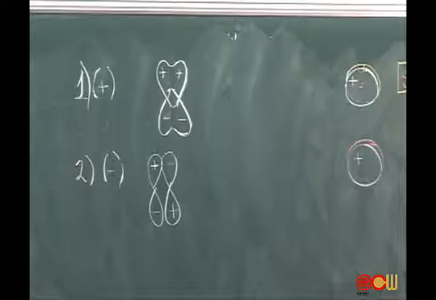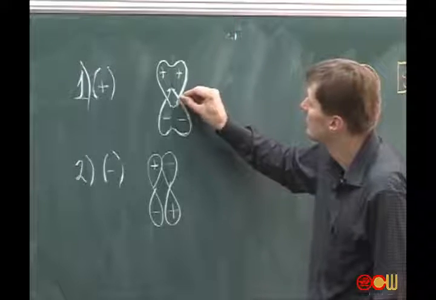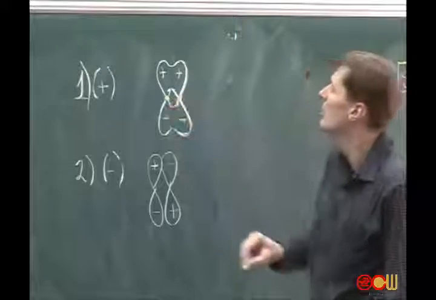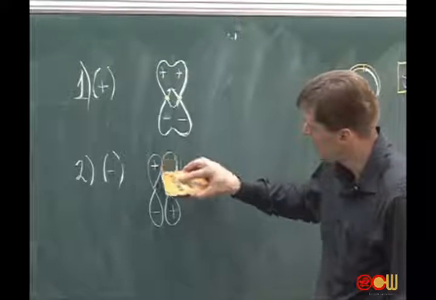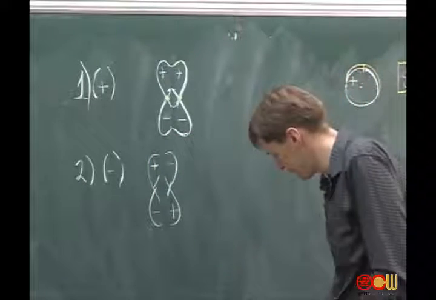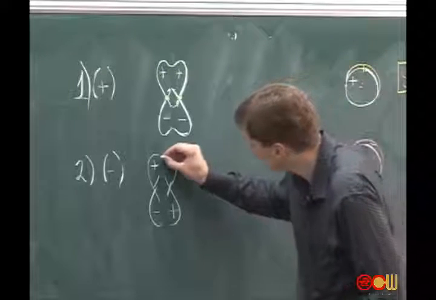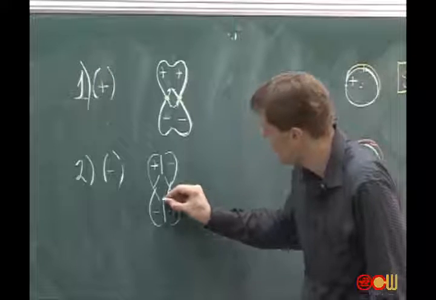Making such a shape with the nuclei located here. And in this case, the plus and minus make a nodal plane and plus and minus make a nodal plane. So here is the nodal plane and here is the nodal plane.